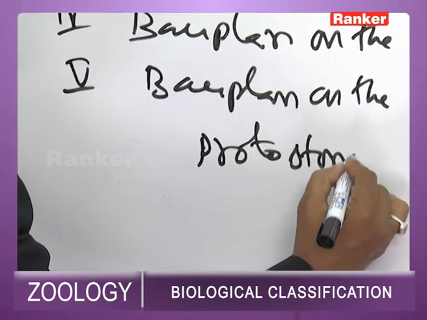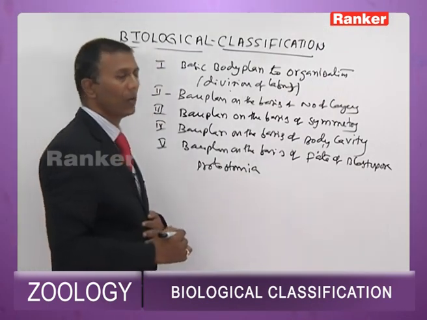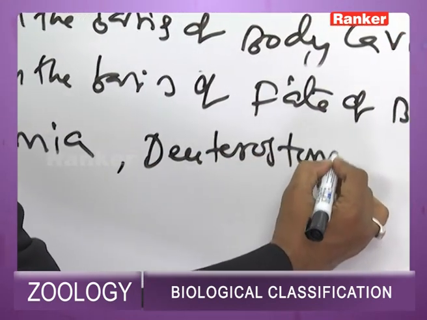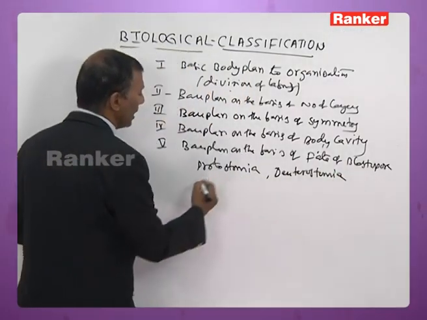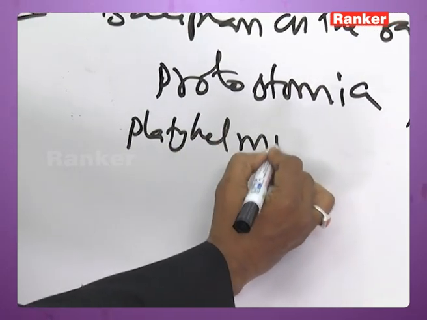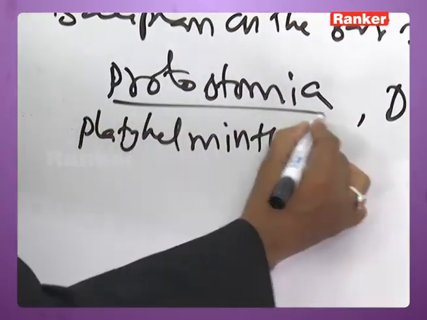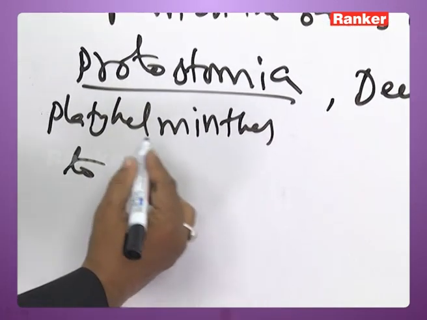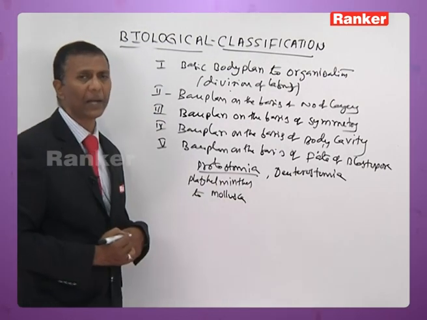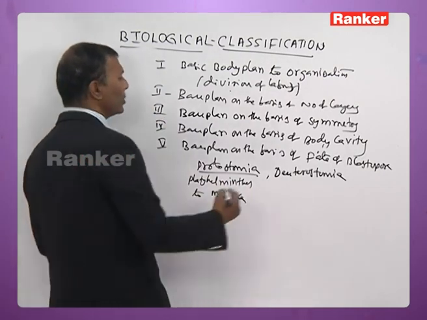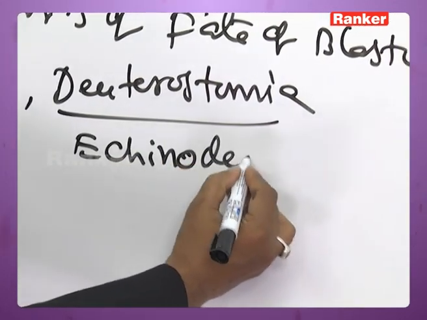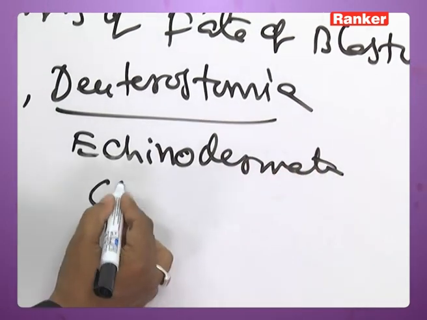Protostomia, in which the blastopore transforms into mouth, and Deuterostomia, in which the blastopore transforms into anus. Protostomia examples: Platyhelminthes, Nematohelminthes, Annelida, Arthropoda and Mollusca. Under Deuterostomia, examples are Echinodermata and entire Chordata.